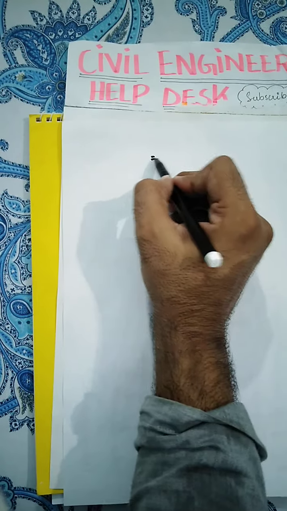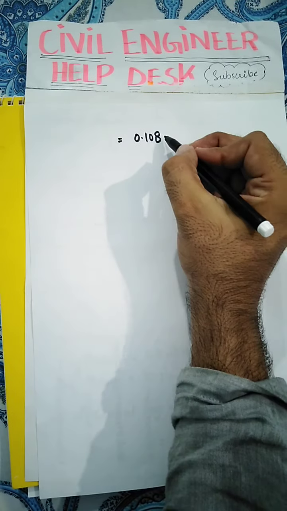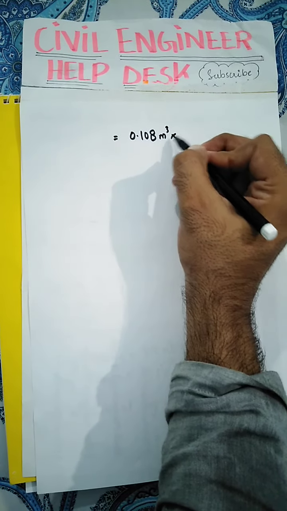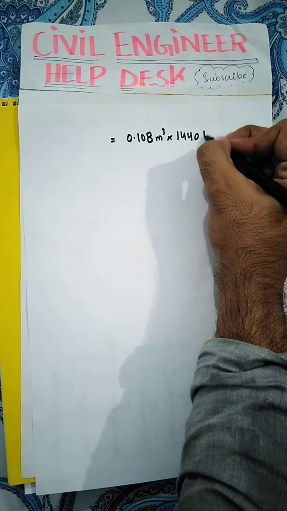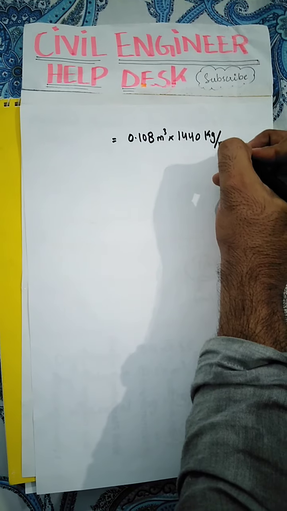So for that, 0.108 cubic meter multiplied by density of cement, which is equal to 1440 kg per cubic meter.